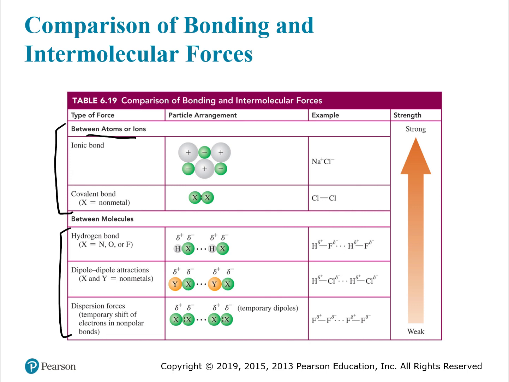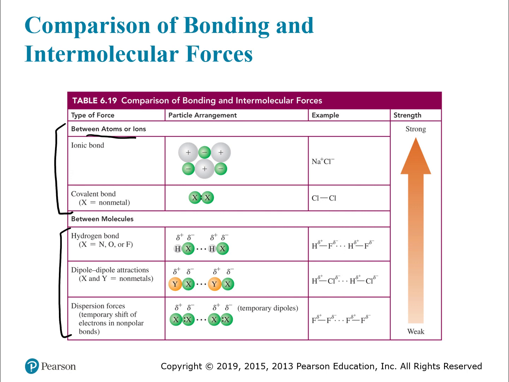We talked about ionic bonds and covalent bonds in the first part of chapter 6. So that was the first video. Those ionic bonds are going to be very strong. We talked about the forces between molecules just now. So we talked about the arrangement of the molecules, dipoles, polar covalent, nonpolar, all of those things.